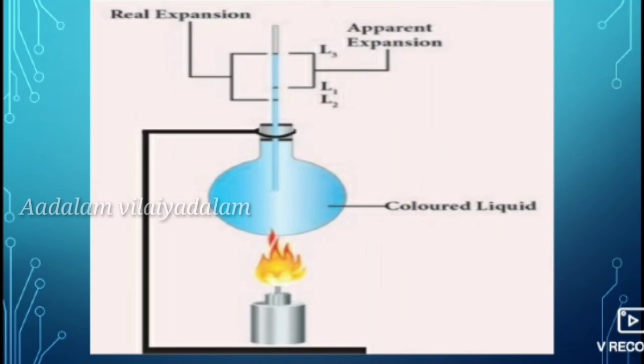Mark the decreased level of the liquid as L2. If we continue heating, the liquid gets the heat energy and expands, so the level of the liquid increases. Mark this level as L3. Using these values, we find out the real and apparent expansion.